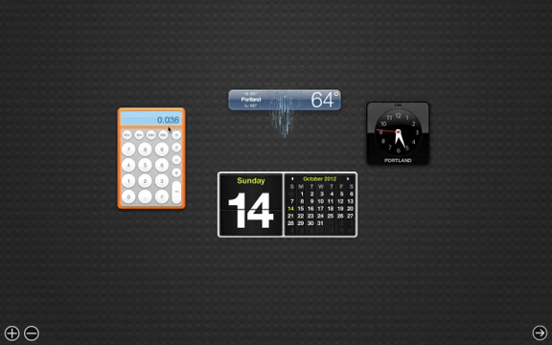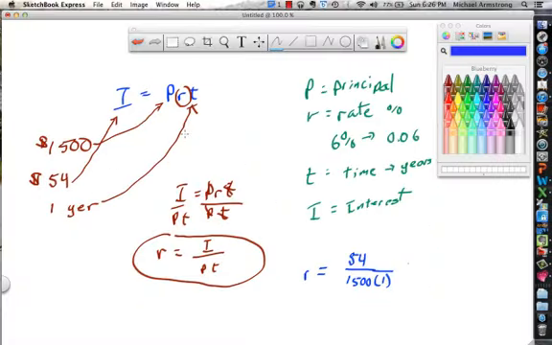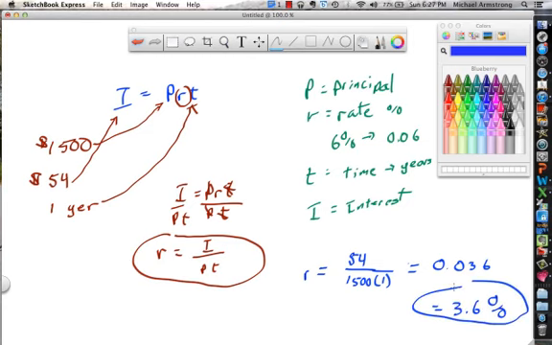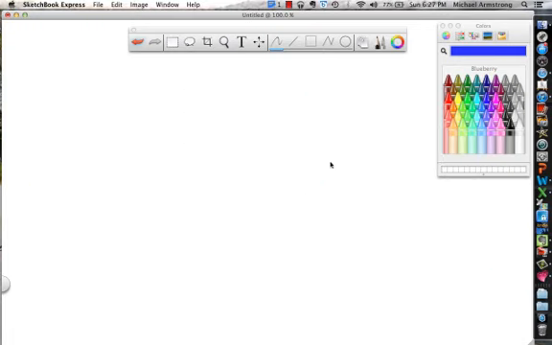So this is 3.6% if we move the decimal over twice, 0.036. This is equal to 0.036, which is 3.6%. So the rate is what they wanted you to find out, and that's how that works. Okay, pretty quick, pretty easy.